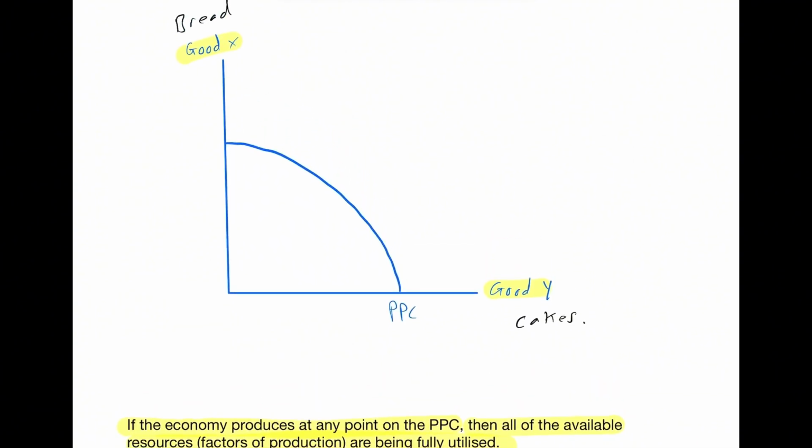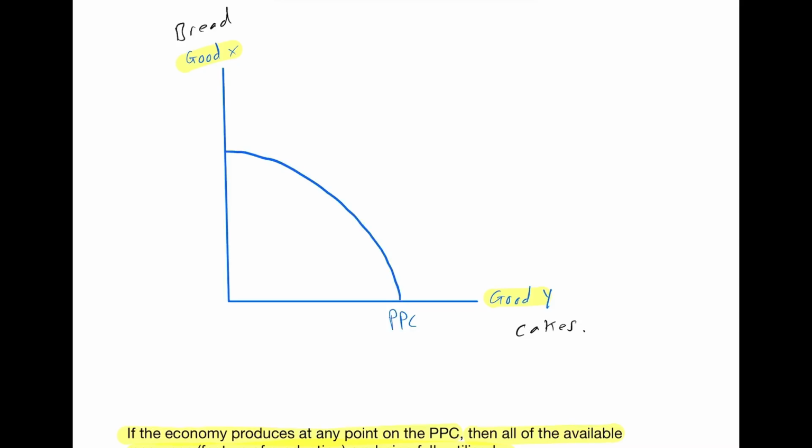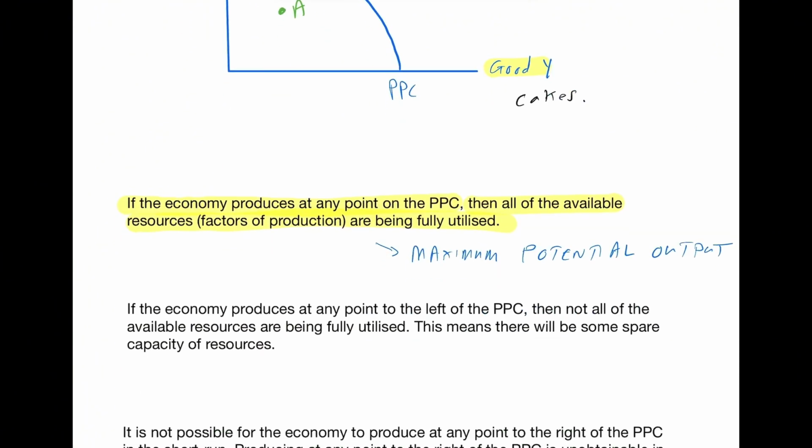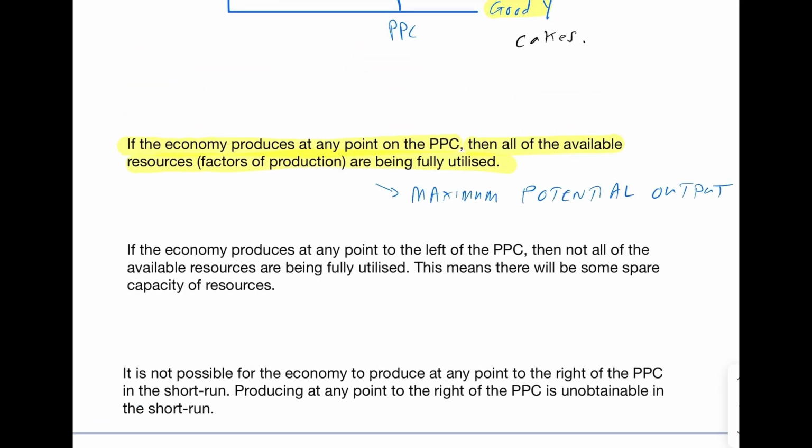Okay, right. So however, if the economy is producing at any point to the left of the PPC, let's say here at point A, but it could be at any point to the left of the PPC, then it means that not all of the available resources are being fully utilized.